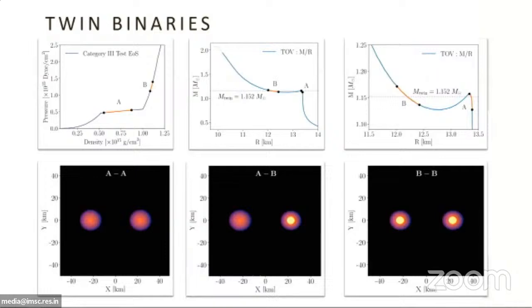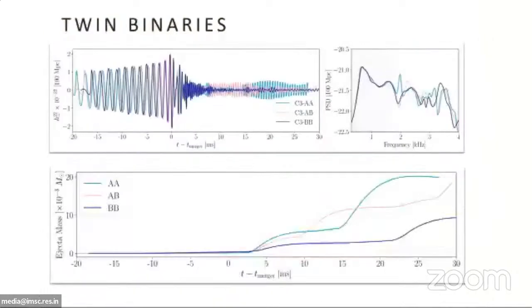However, if I merge this star and this star, one will be this, another will be something else. This one has some quark content inside, so their radius is completely different. And if I merge two stars from this part, we will have this. So you can see that depending on where I am doing the simulations from, my gravitational wave signal will change.